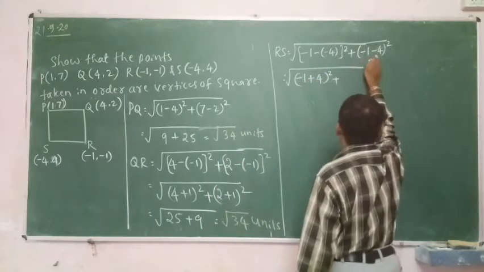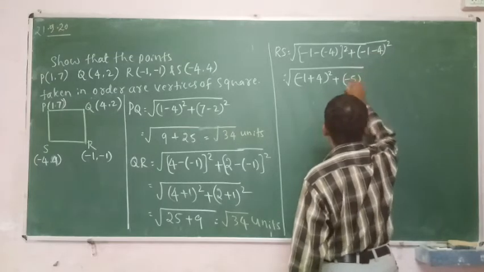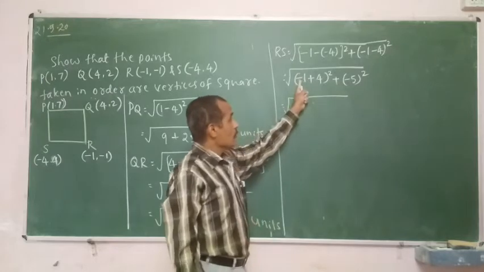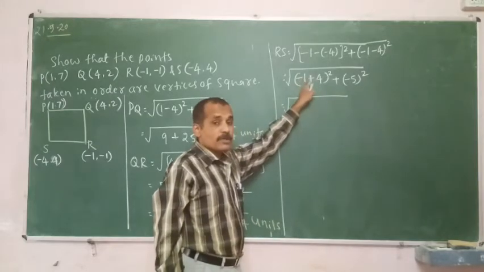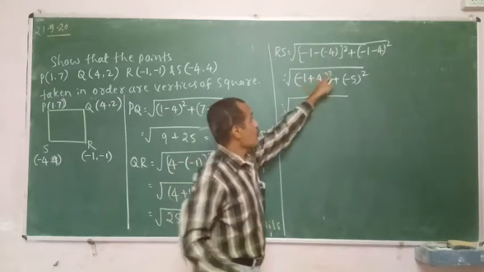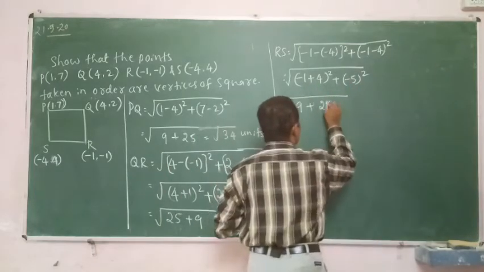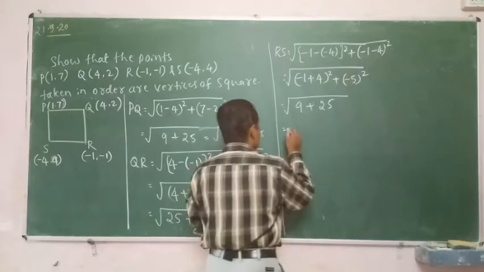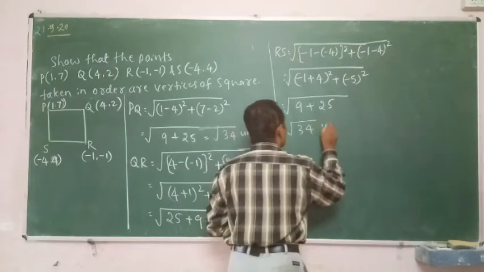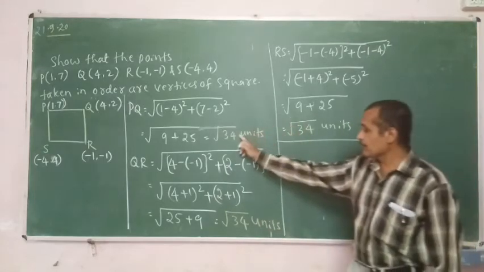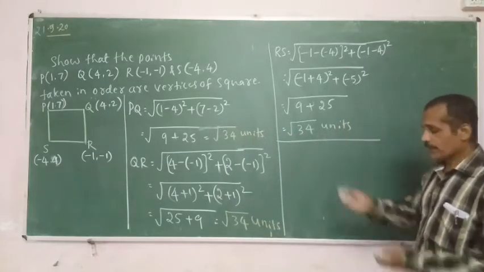Both are minus, so minus 5 the whole square is 25. The answer is square root of 34 units. You got the third. Root 34, root 34, root 34.